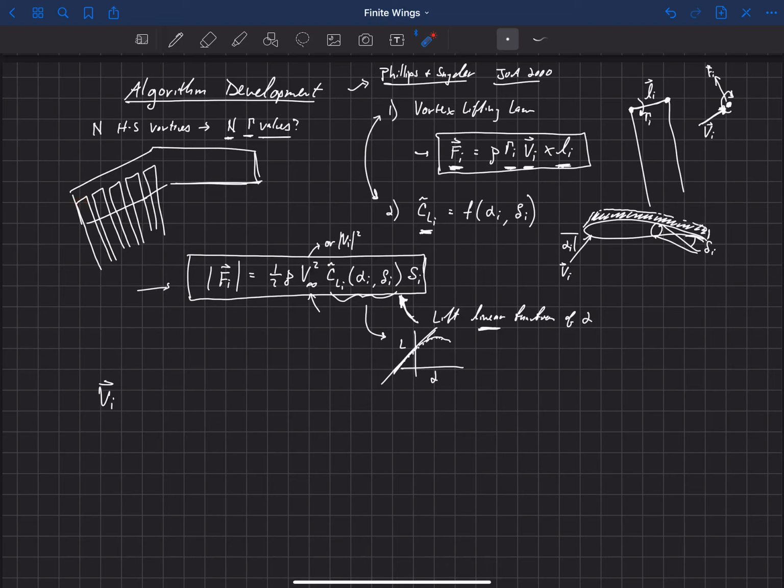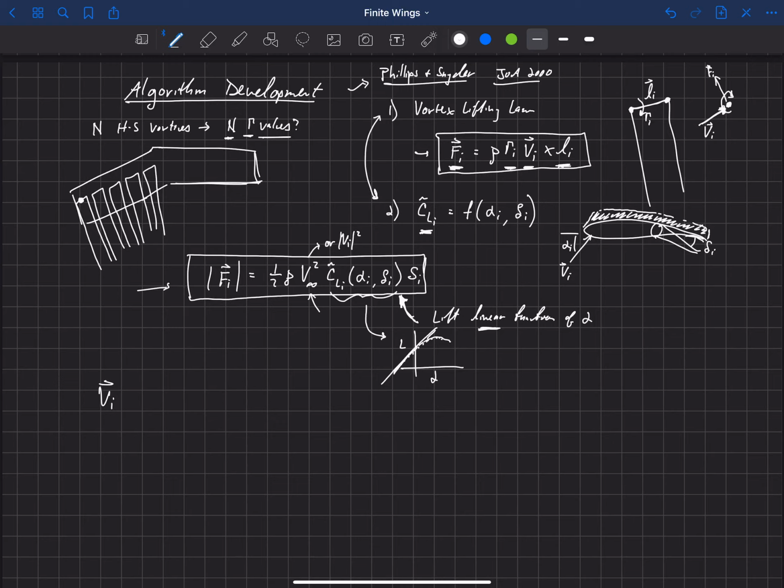So what we need to do is choose a control point along there, and we'll talk about how we place those control points a little bit later. But we're going to just choose a point and look at the induced velocity at that point, and we're going to assume that the induced velocity is constant over this horseshoe vortex, or along this length here, this bound vortex length. And that's not really true, but as we refine the grid, it will grid resolve and give us a good solution.